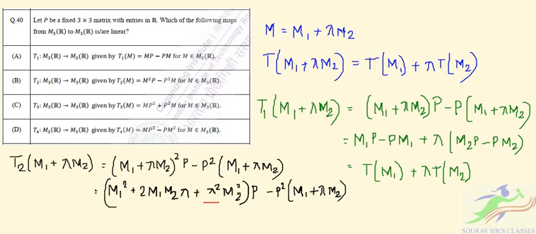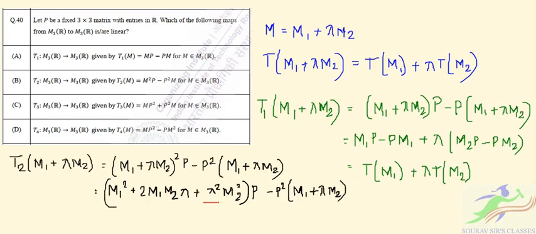It doesn't obey the law of linearity. Any expression with power terms like M square or M cube, you cannot consider those. So from option B, it is clear that it is not linear.